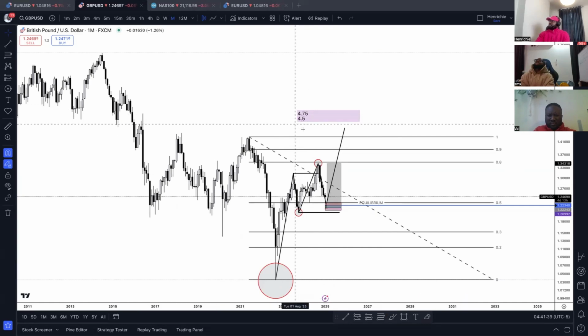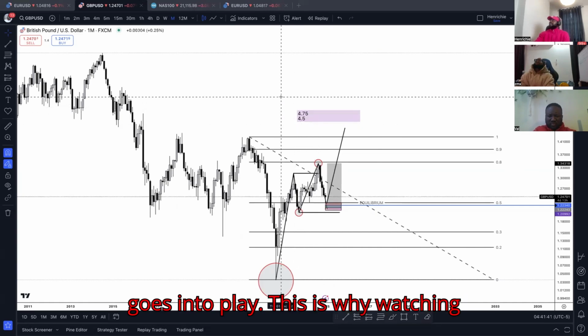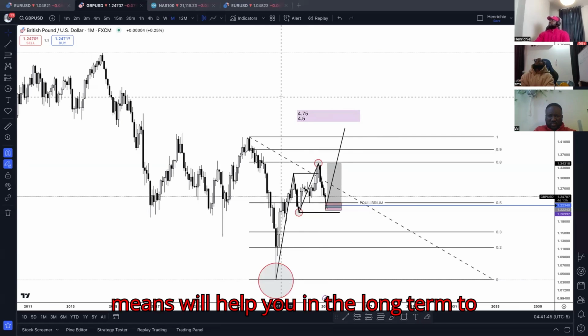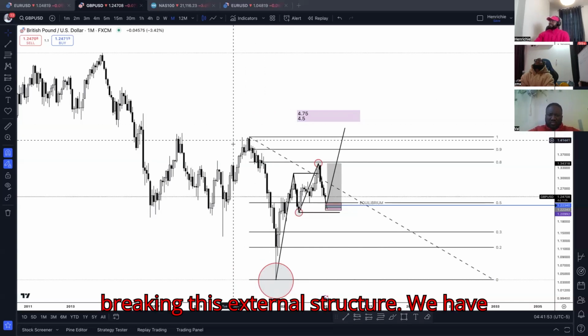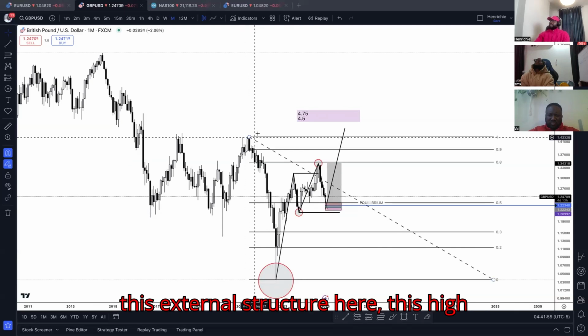Now, this goes into play. This is why watching that video and understanding what it means will help you in the long term to know when this market is shifting structure internally before breaking this external structure. We have this external structure here, this high.